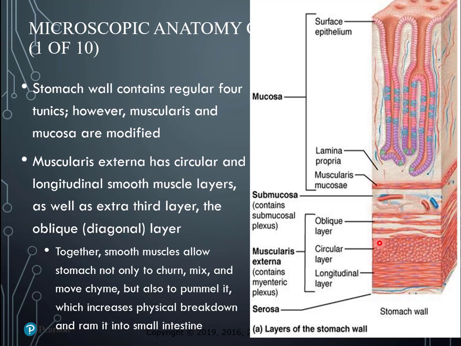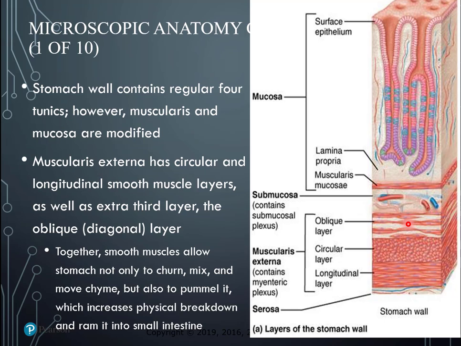These tubes have only two muscularis externa layers. They all have an outer longitudinal and another inner circular layer. The stomach has an extra one, which is the oblique layer.